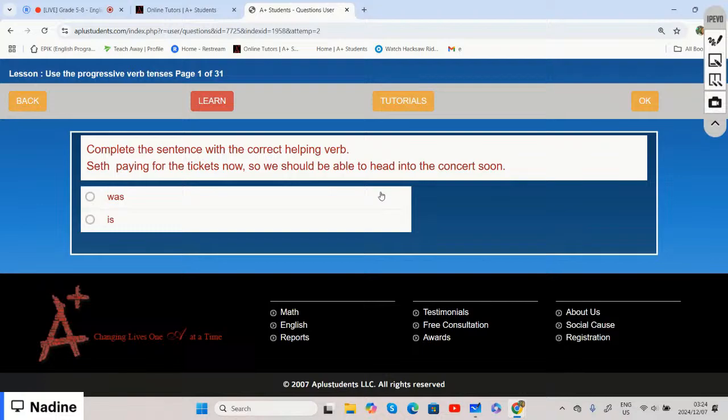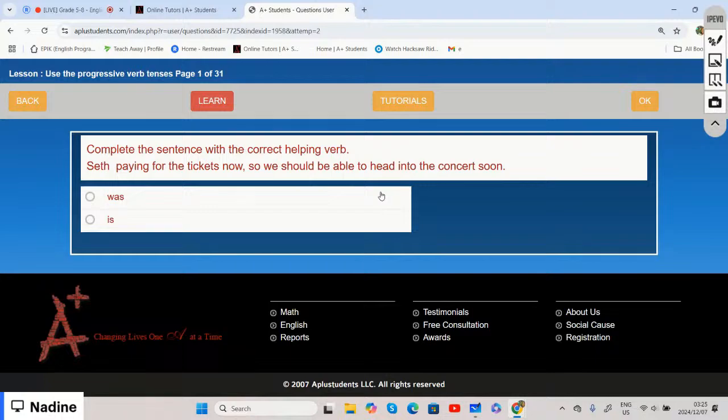We need to complete the sentence with the correct helping verb. It says Seth, do we say Seth was paying for the tickets now? Or do we say Seth is paying for the tickets now? So we should be able to head into the concert soon.